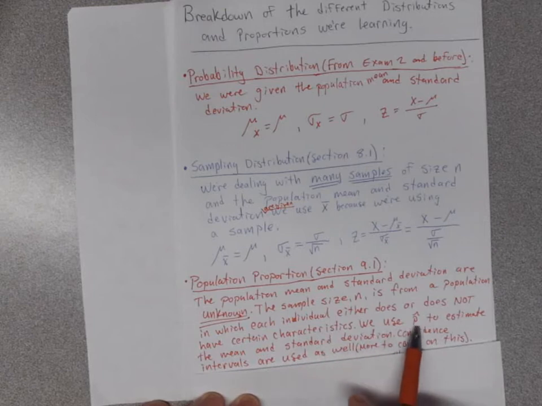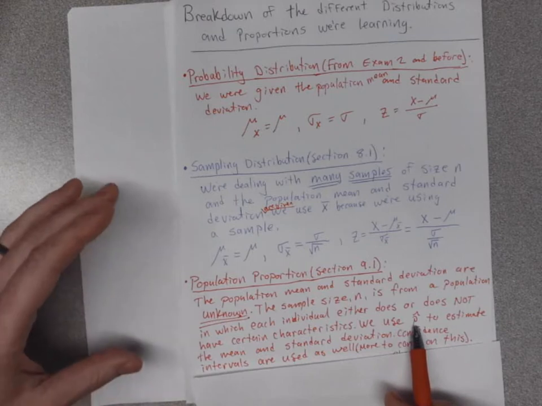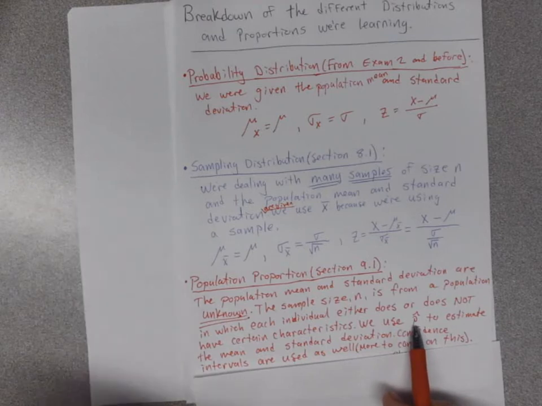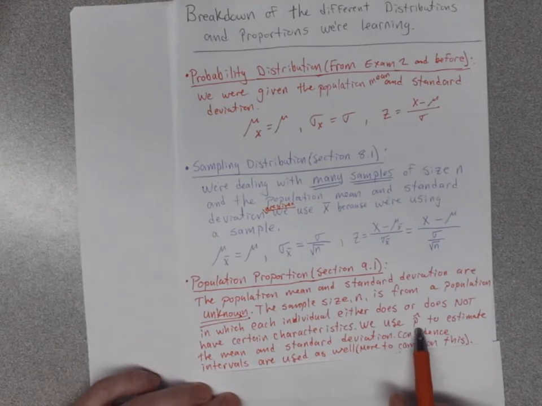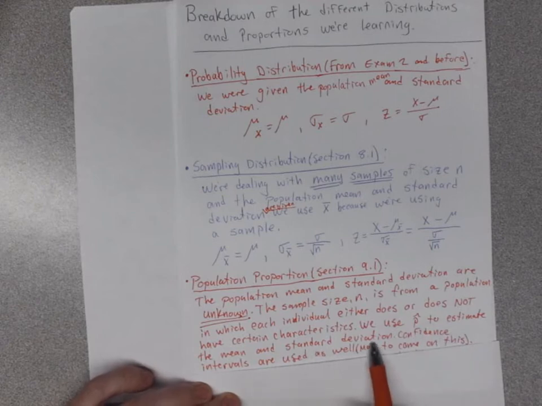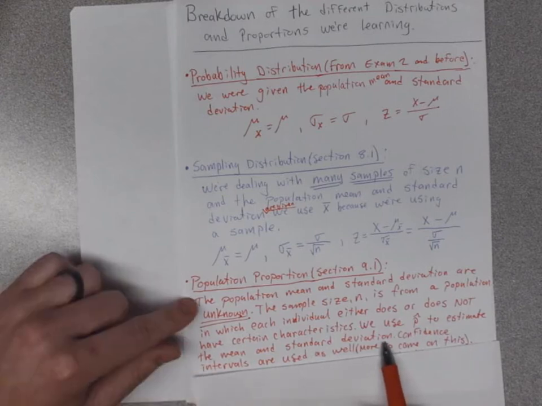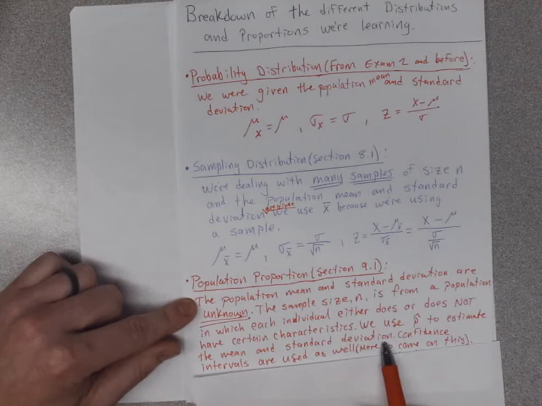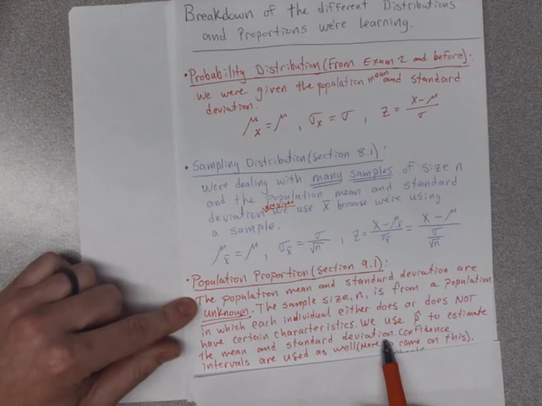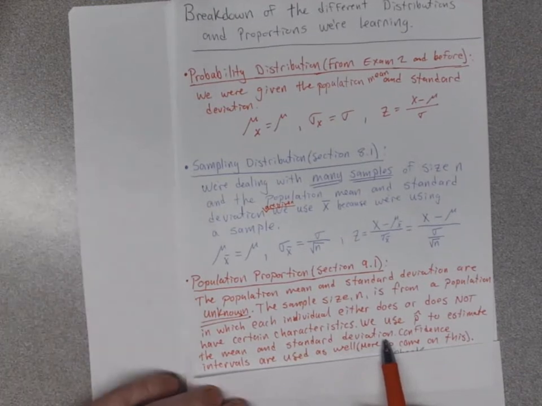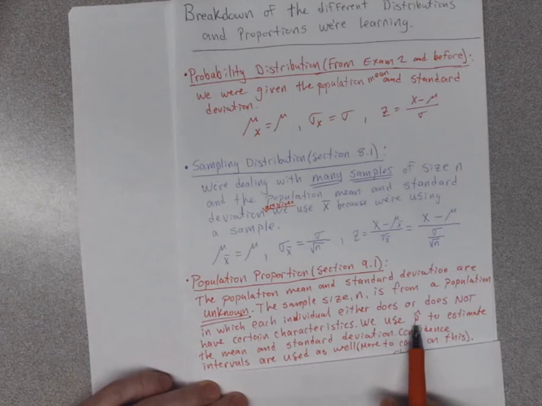We use p hat, so it's a proportion. This proportion of this group that we're looking at is p hat. We use p hat to estimate the mean and the standard deviation. So notice, we don't know the actual mean and standard deviation of the population. We just know of this particular group and study. So we take a proportion, p hat.